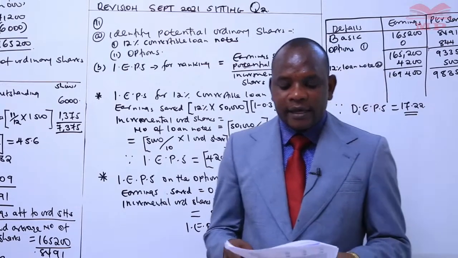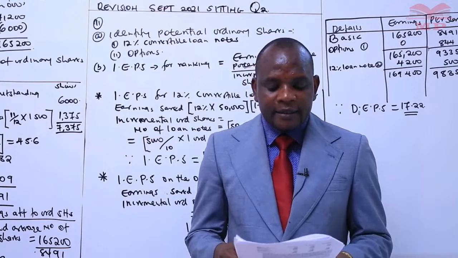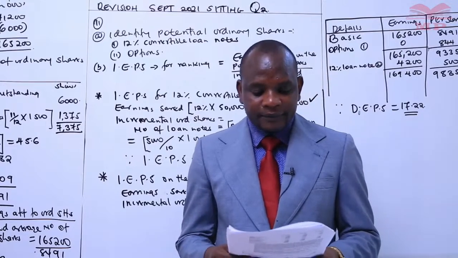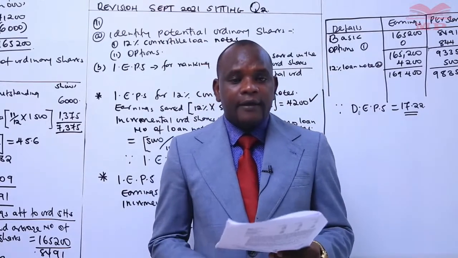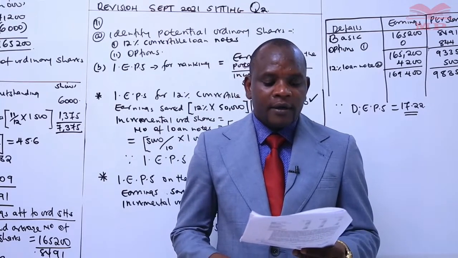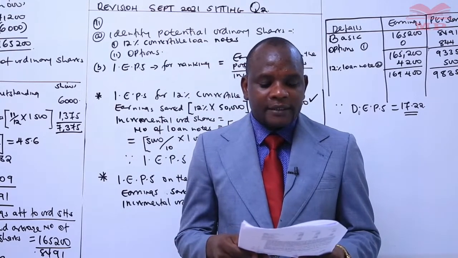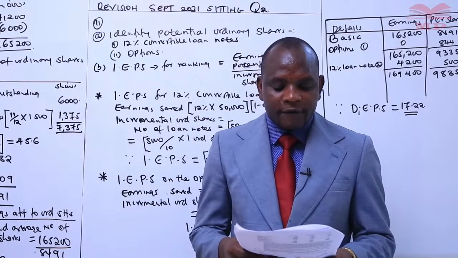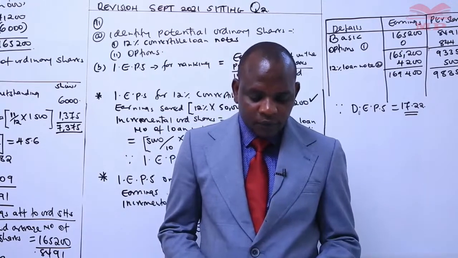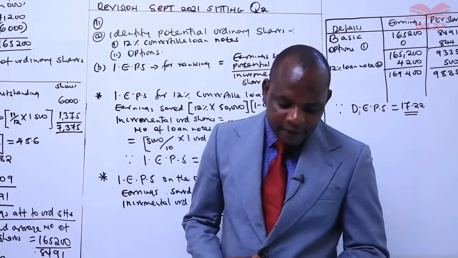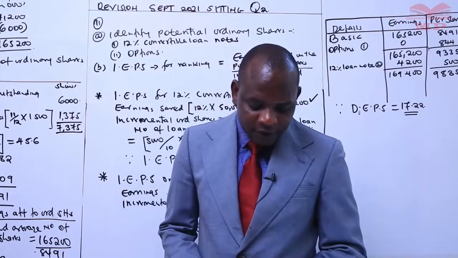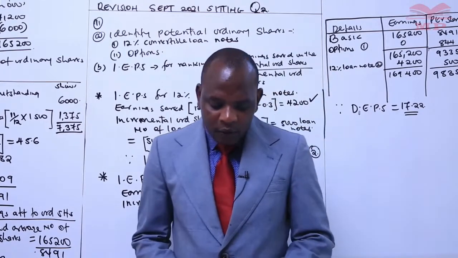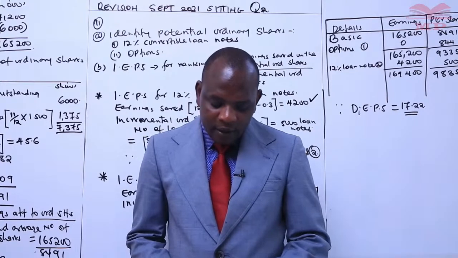What does it say? It says that an entity shall identify a reportable segment if the following applies. 1, if its total revenues, that is internal plus external, is 10% or more of the total revenue. 2, if the segments that reported profit have 10% or more of the combined profit.